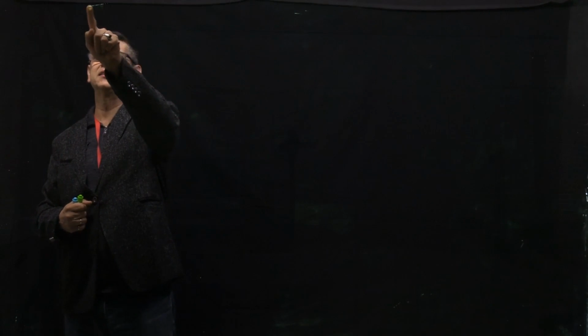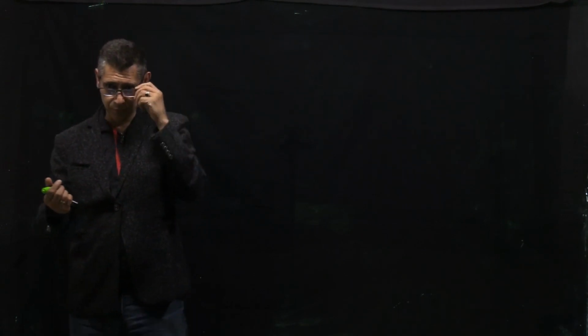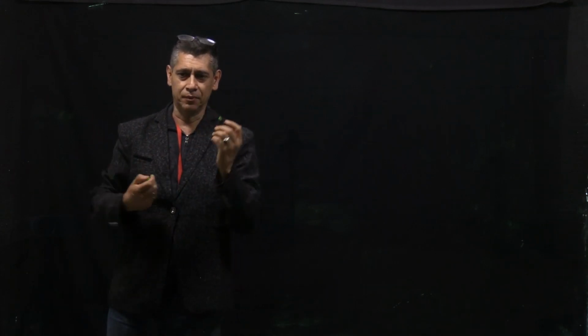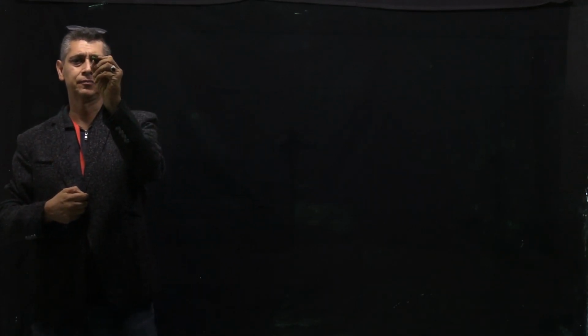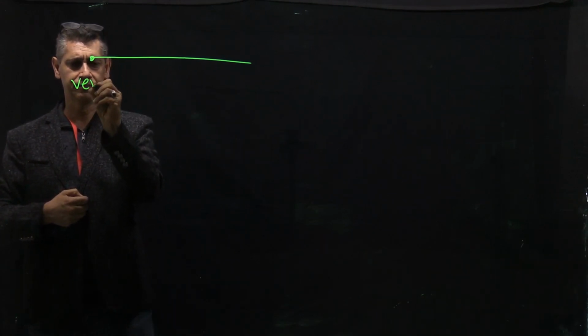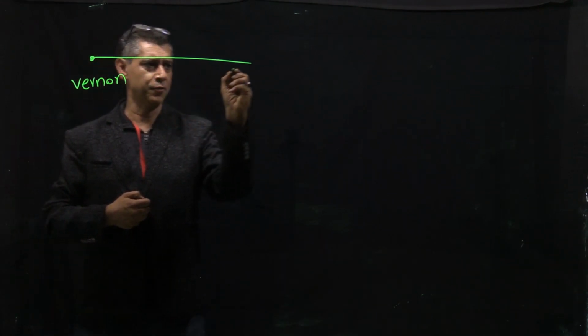So let me start by talking about the inverse lever law. Why do we call it inverse? People are asking, so why is it inverse? Let me give you an example. Imagine that you're here in Vernon and you want to go to Kelowna.